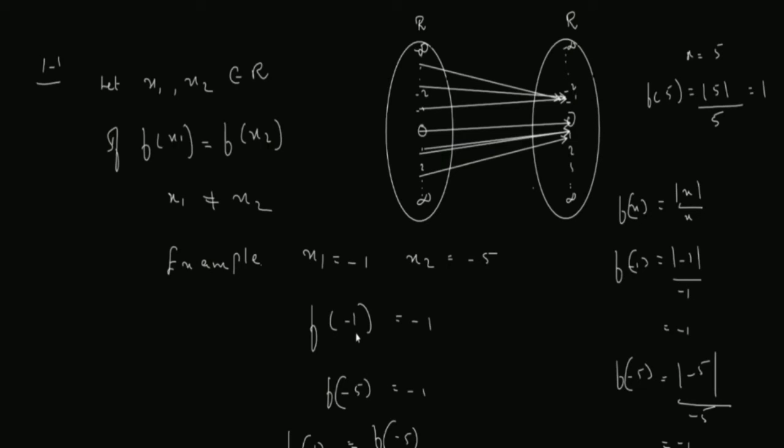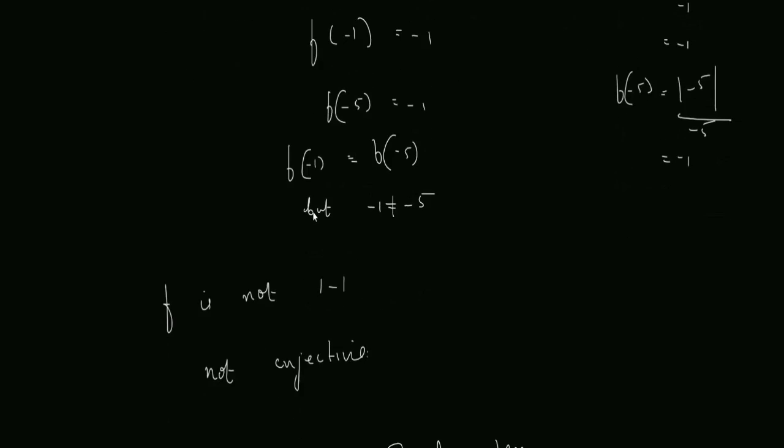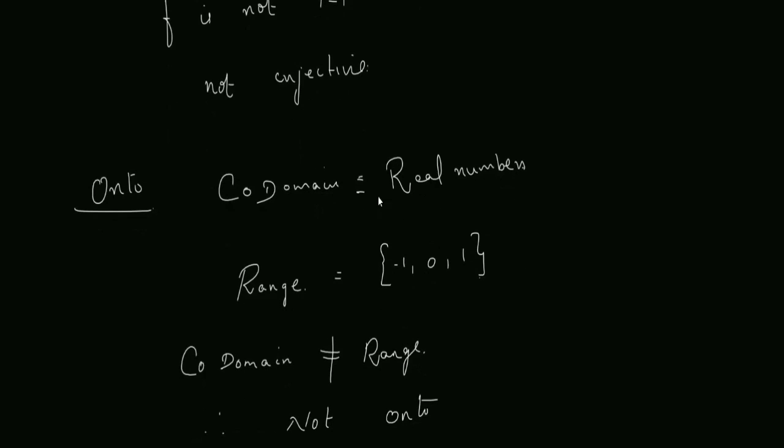All negative numbers will go to minus 1. Therefore f of minus 1 is equal to f of minus 5, but minus 1 is not equal to minus 5. So f of x1 is equal to f of x2, but x1 is not equal to x2. The function is therefore not one-to-one, not injective.